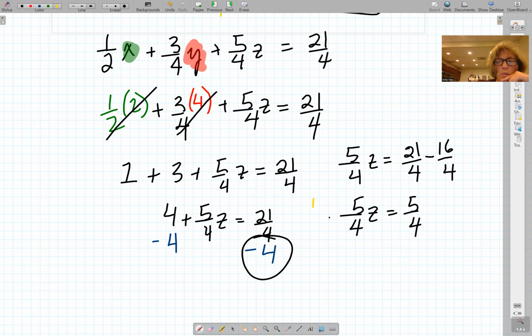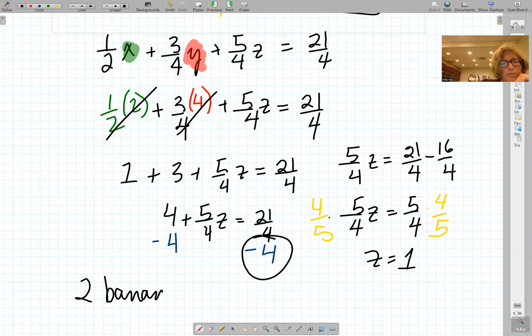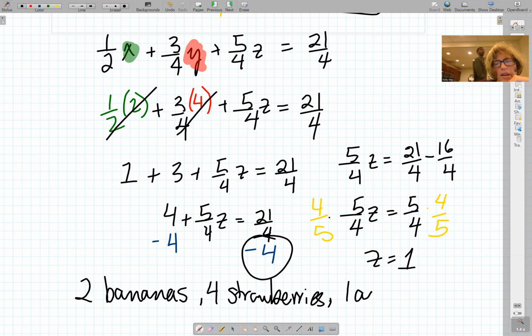We multiply by the reciprocal, and Z equals 1. So we have 2 bananas, 4 strawberries, and 1 apple to make this smoothie.